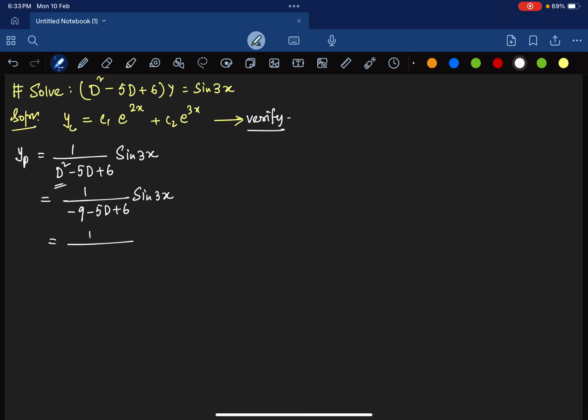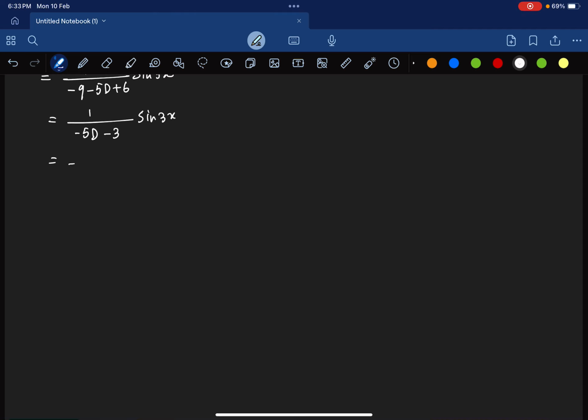That is 1 by (minus 5D minus 3) sine 3x. Here minus you can take common, so basically minus 1 by (5D plus 3).